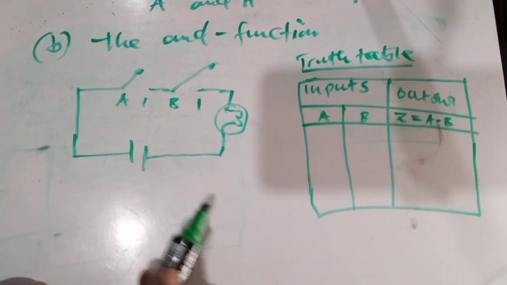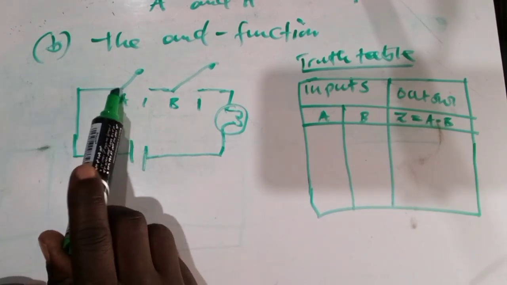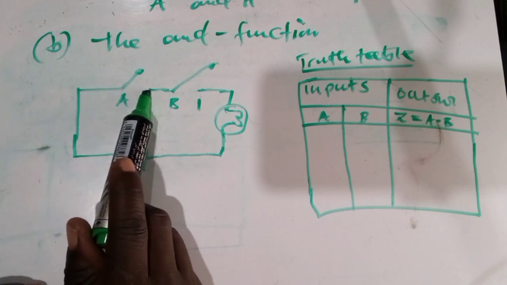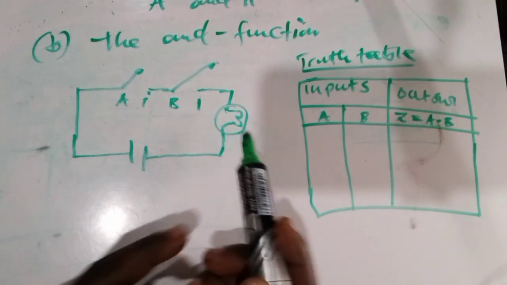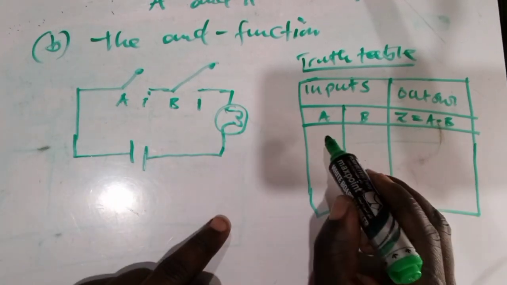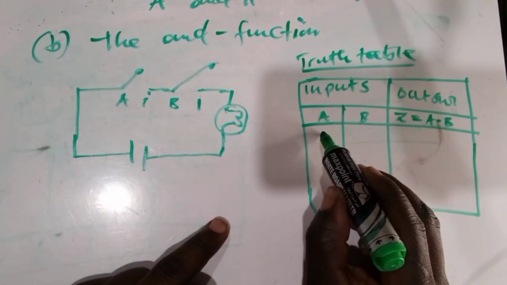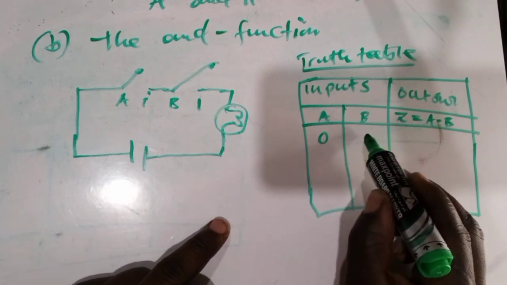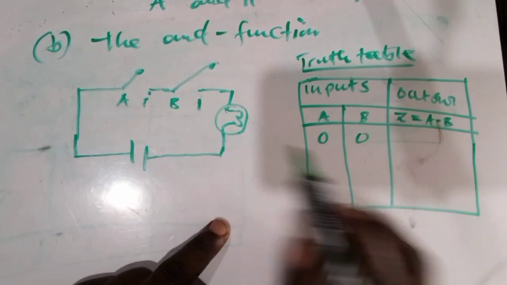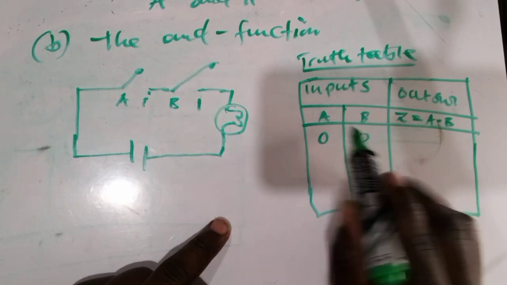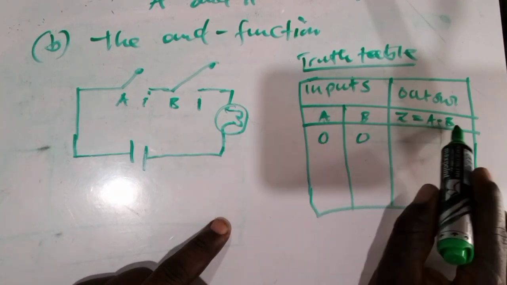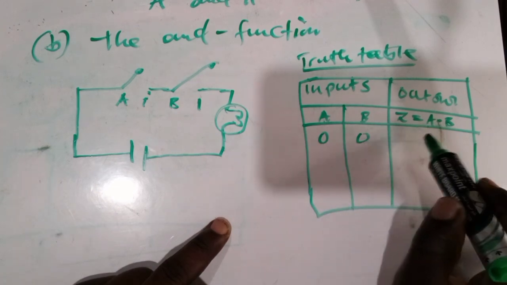So now let's see, if you close this switch for A, then B is open, that means the bulb won't be on. When you leave all the switches open, the answer, 0 times 0, when you say A times B, is 0.